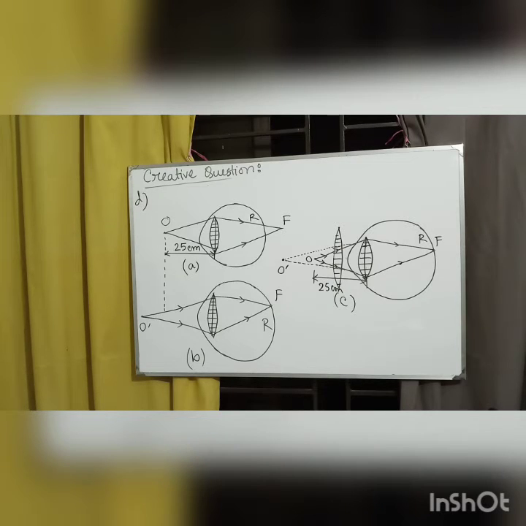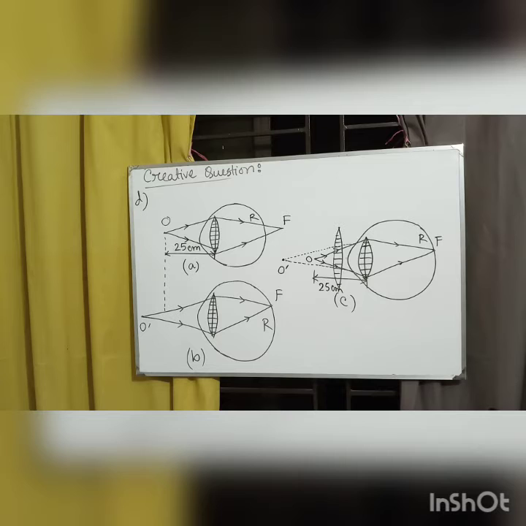This defect occurs because of the following two reasons. Reason 1: the power of convergence of the eye lens decreases, or the focal length increases. The second cause is if the radius of the eyeball decreases for any reason.